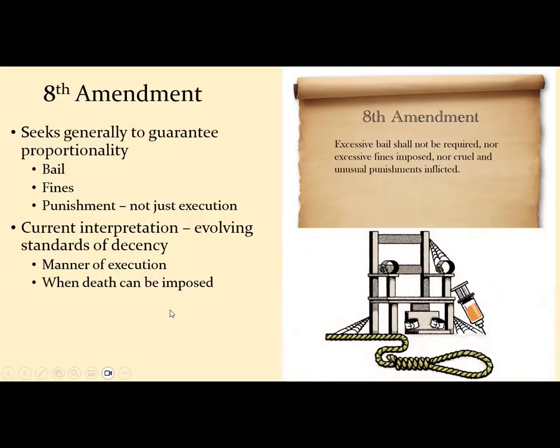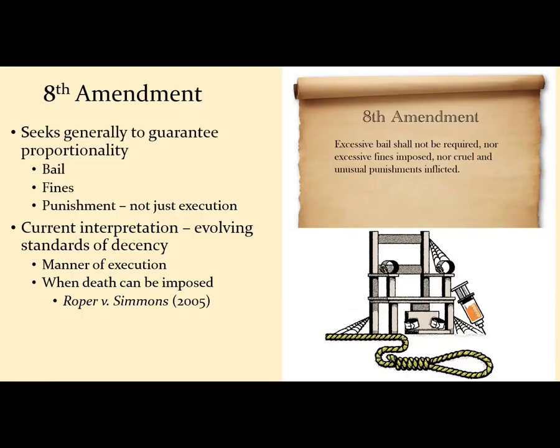The determination of whether to impose the death penalty is also going to involve what is cruel and unusual. So when can death be the sentence? And there are some Supreme Court decisions that are pretty definitive about that.